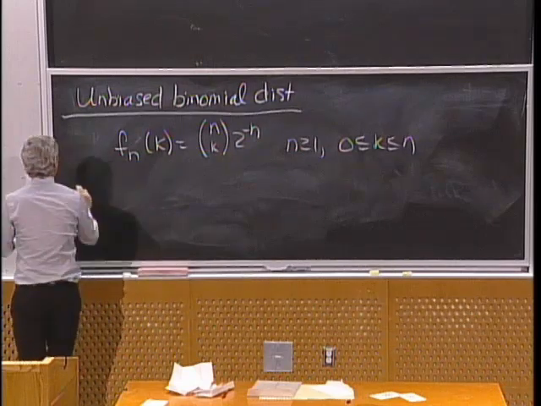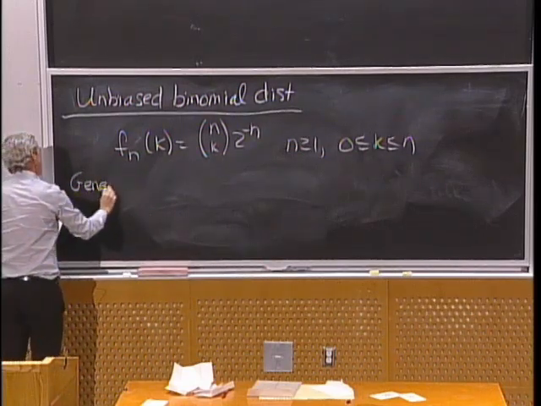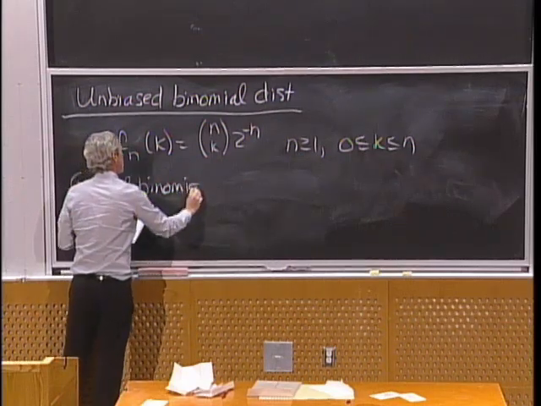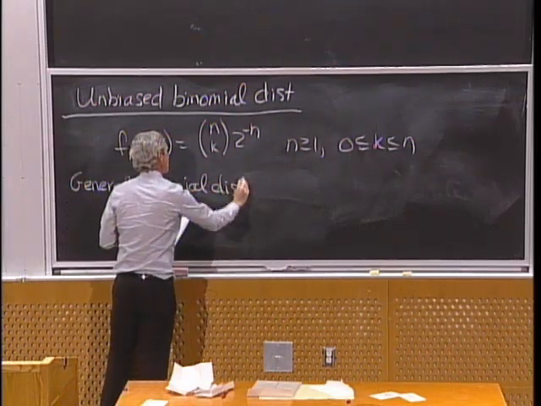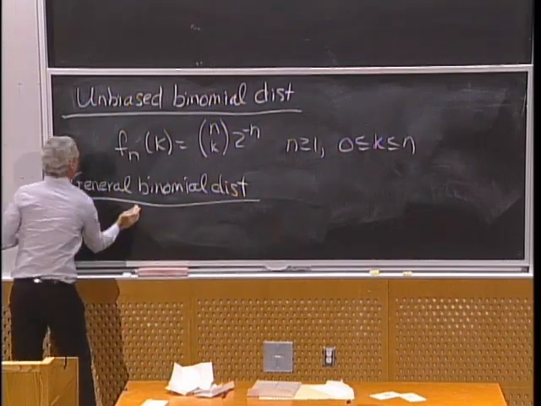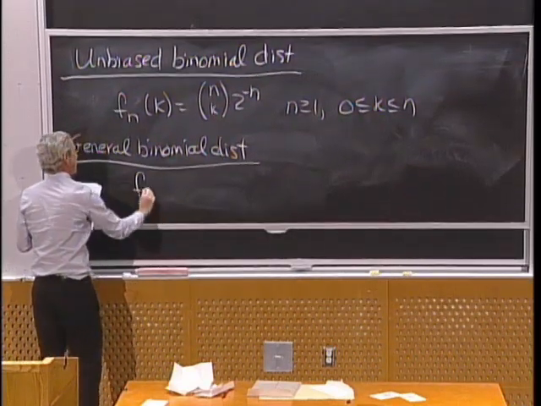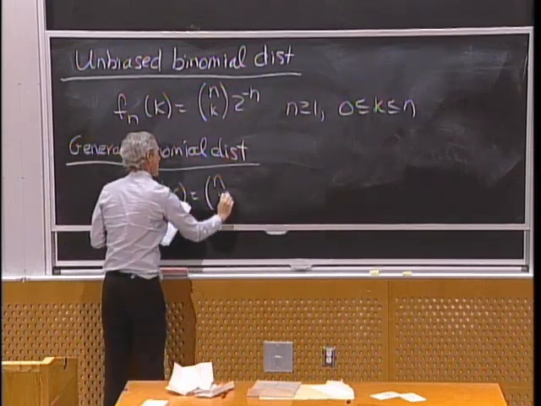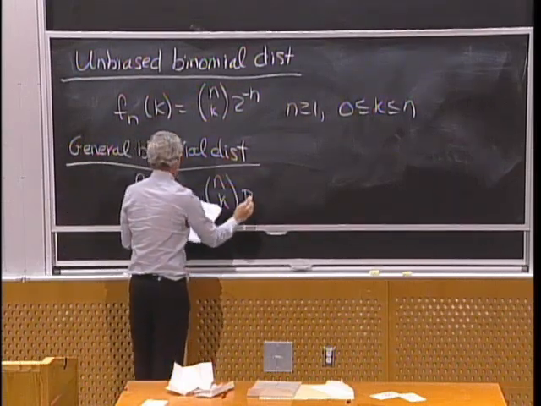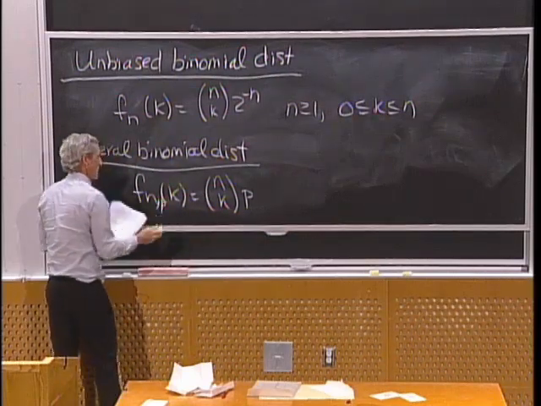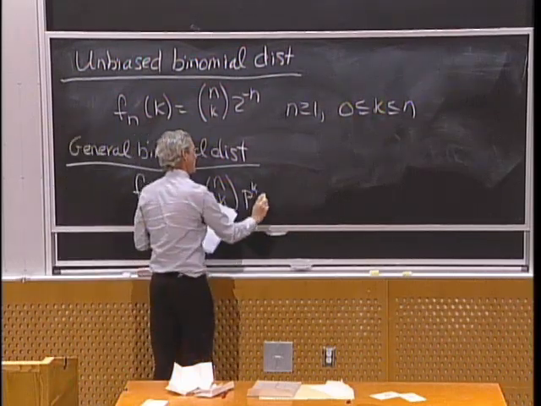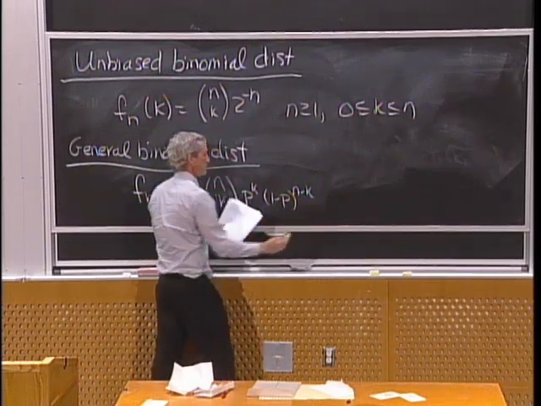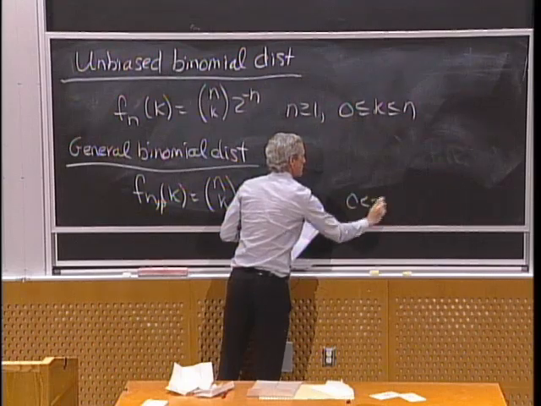And then for the general binomial distribution, we have F_n,p of k, the probability of getting k, is n choose k times, there's another parameter p here, p to the k times 1 minus p to the n minus k power. And p is a value between 0 and 1, typically.